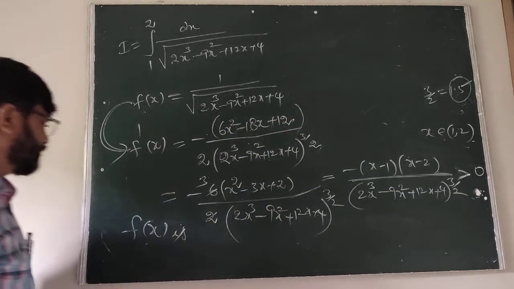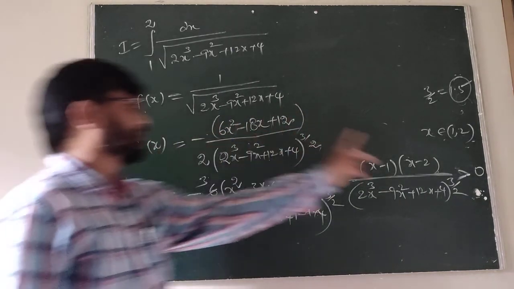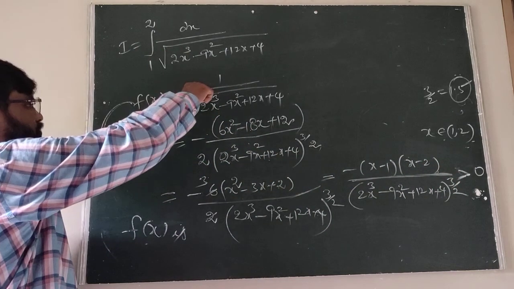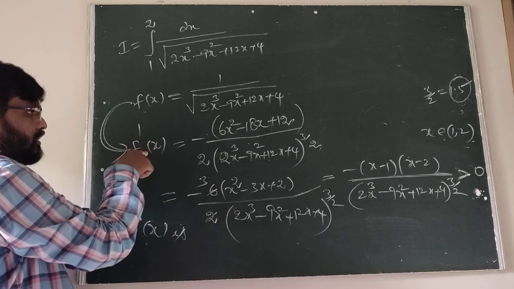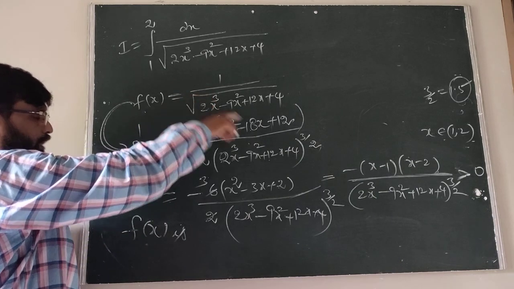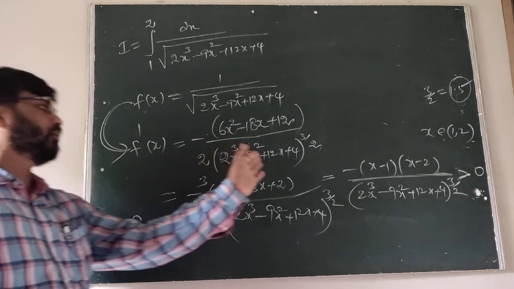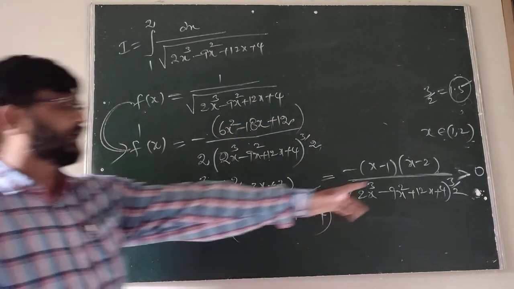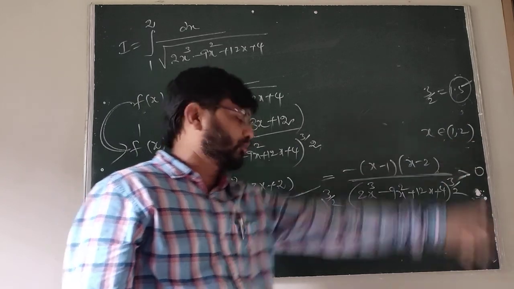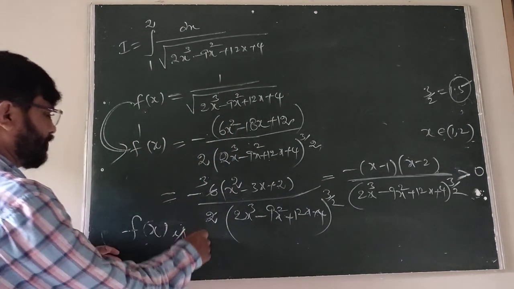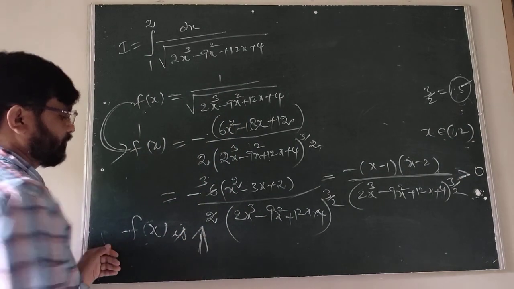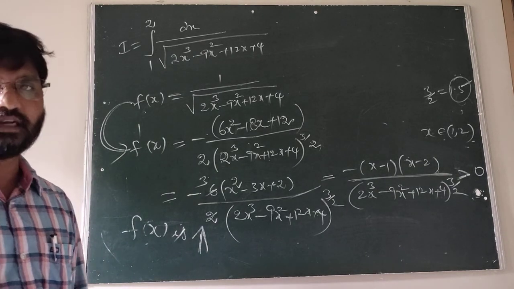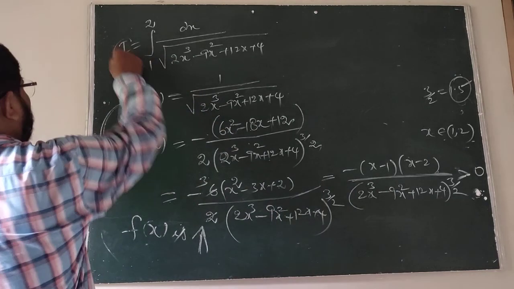We can observe that f dash of x is greater than 0 for the interval x equal to 1 to 2. Therefore, f of x is an increasing function. When it is an increasing function, we can write this as I.